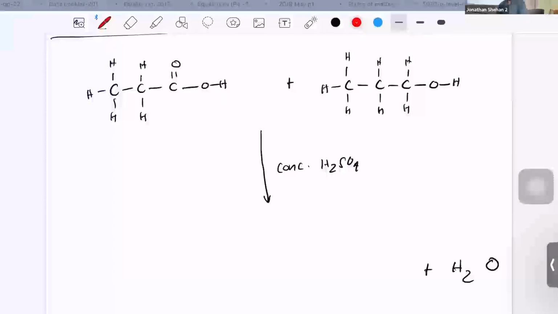Right, now we're going to remove the OH from the carboxylic acid, and H from the alcohol. Right, now we're going to draw the structure.